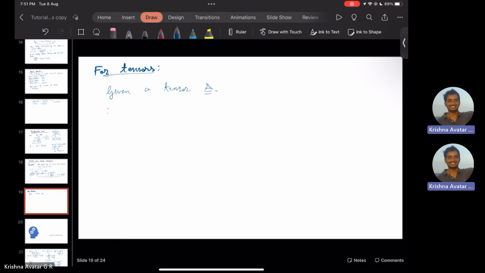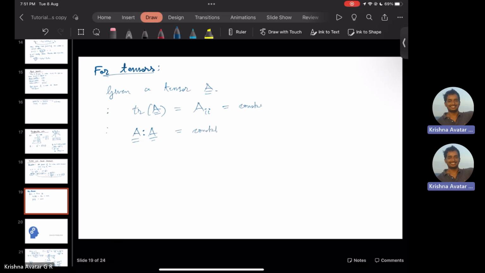The first is the trace of A. The trace of A is nothing but the sum of the components on the diagonal, and it is constant even after transformation. The second is the double contraction of the tensor with itself, which is also constant.